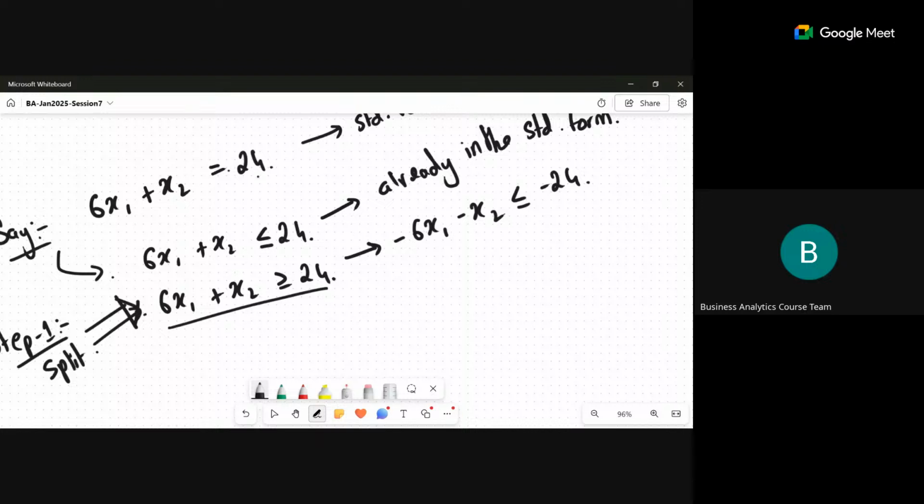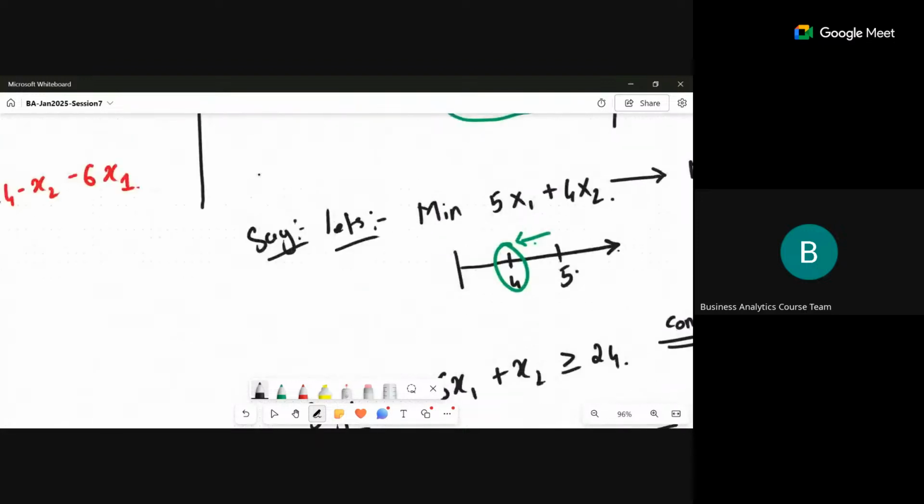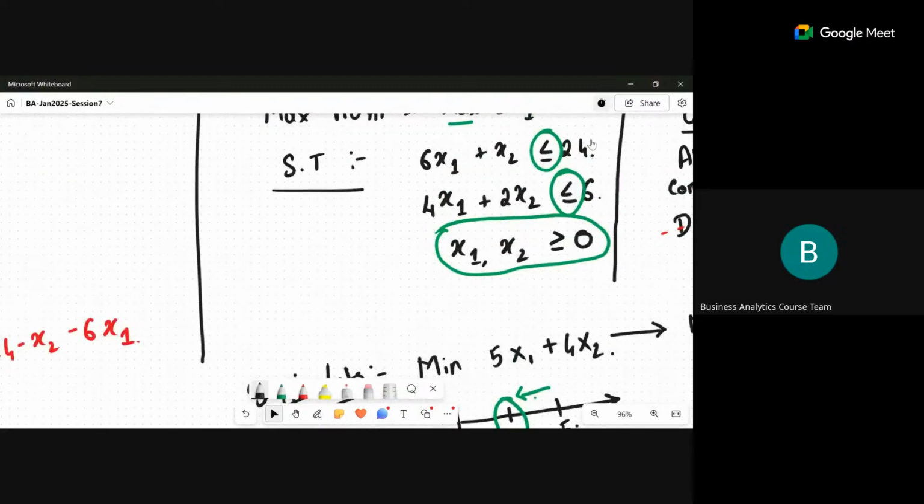Okay. So whenever there is an equality constraint, the original problem, let's say, had two constraints, one of the less than or equal to type, the other of the equal to type. The standard form of the final will have three constraints, all three of the less than or equal to type. Okay?